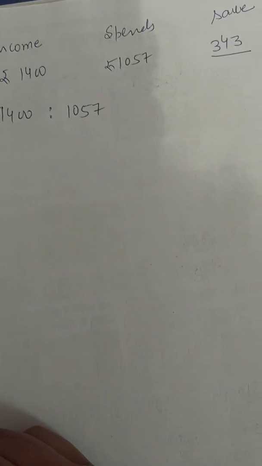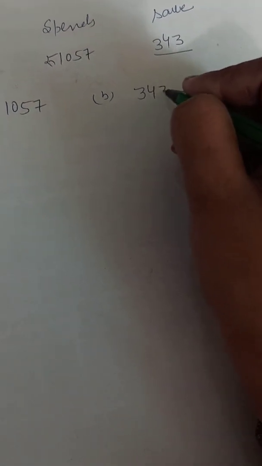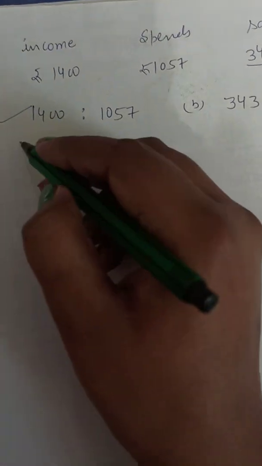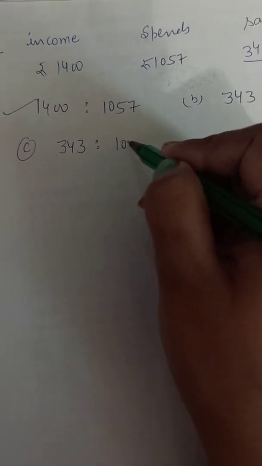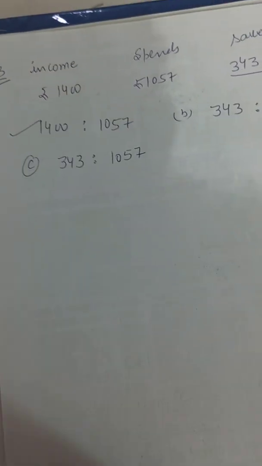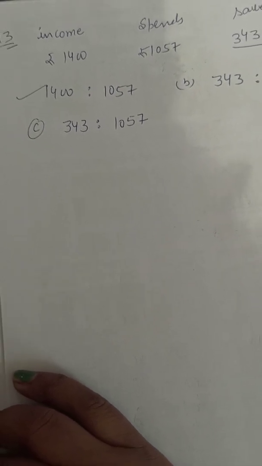You will cut it with the same table. B part, savings to income. So we write savings first and then we write income. Then the C part, savings to expenditure. Savings is 343 and expenditure is 1057. Right? This is the way to write the ratios.